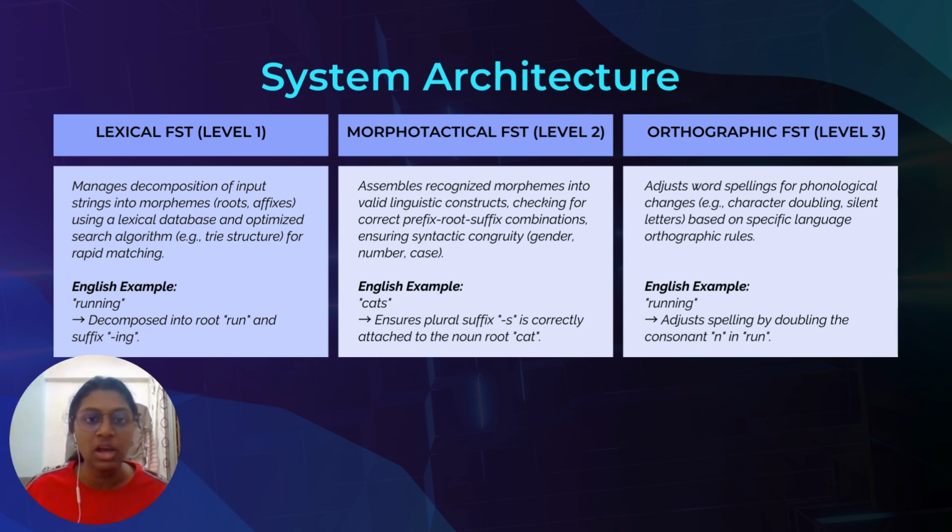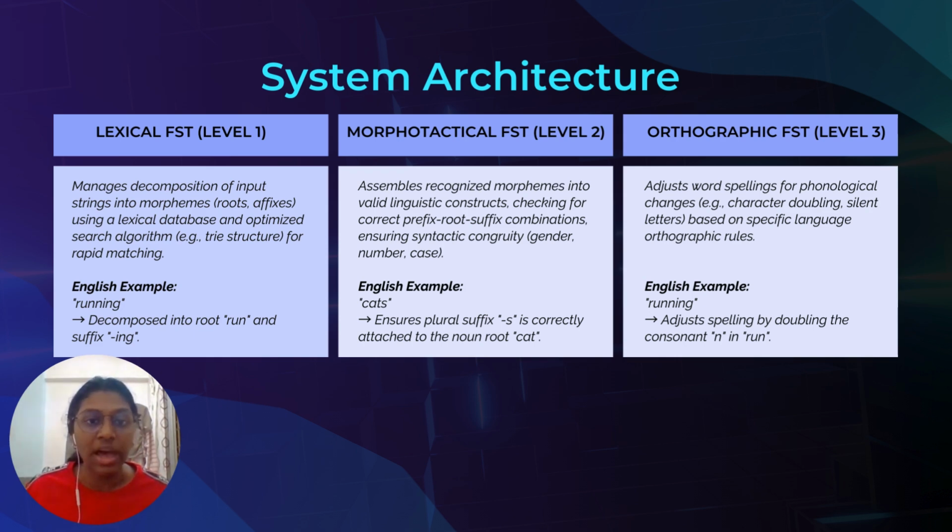The third level, the orthographic FST, adjusts word spelling to account for phonological changes. These include modifications such as consonant doubling, vowel changes, or introduction of silent letters based on specific language orthographic rules. The word running involves adjusting the spelling by doubling the consonant n in run.